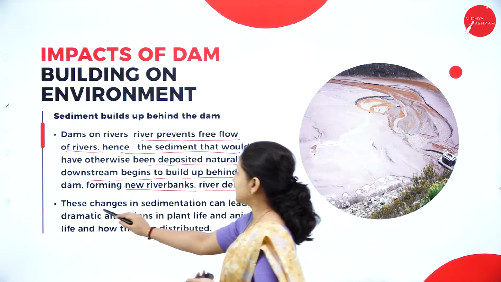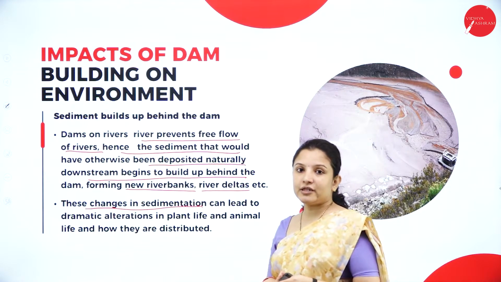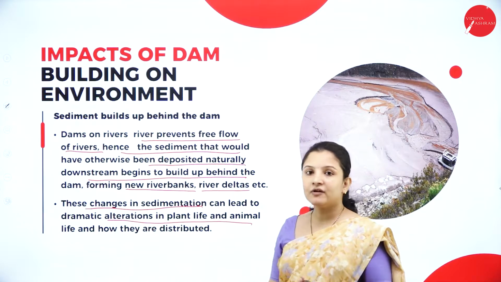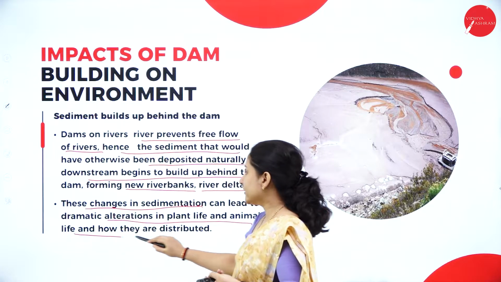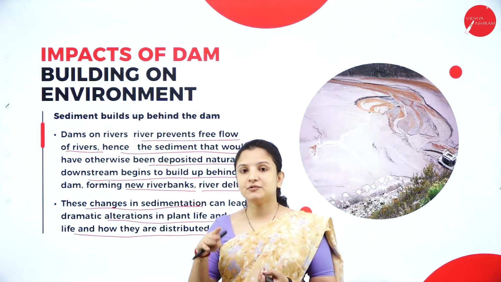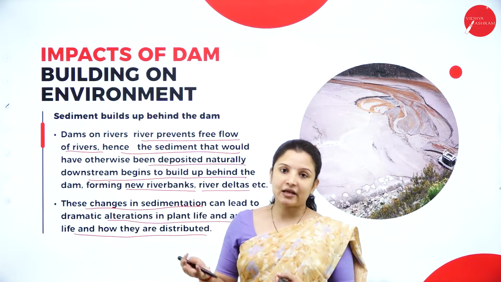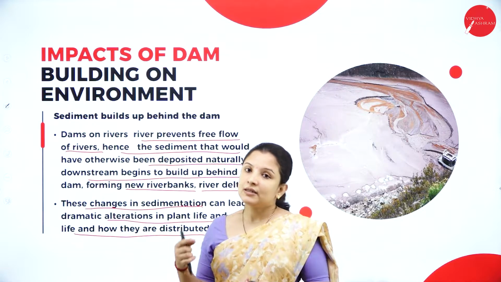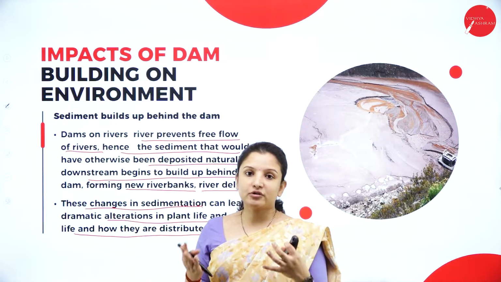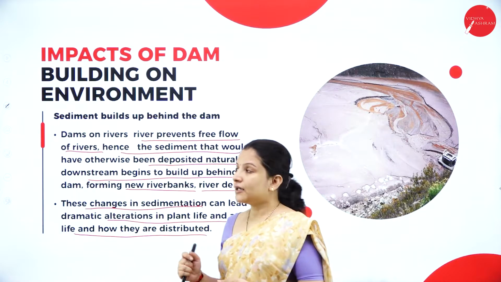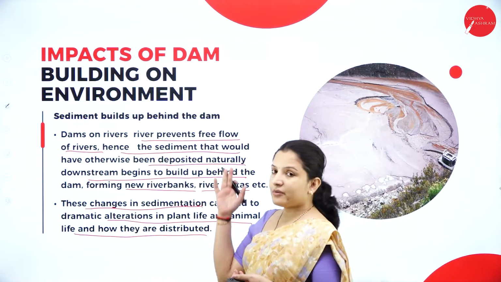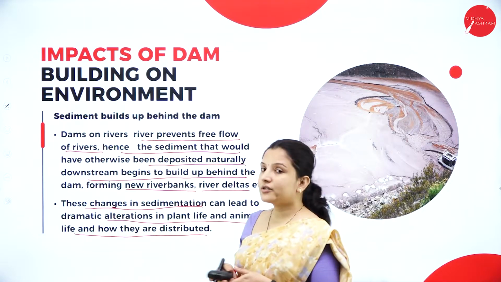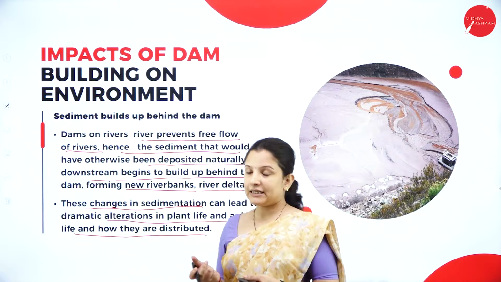So these changes in sedimentation can lead to quite a lot of alterations in the plant life and animal life that were once there, and the organisms already inhabiting the area will have their life disturbed, because the aquatic habitat would have been converted into a terrestrial habitat through the deposition of sediment over a period of time. So this is how sediment buildup can occur because of dam construction, thereby altering the ecosystem of the river itself.